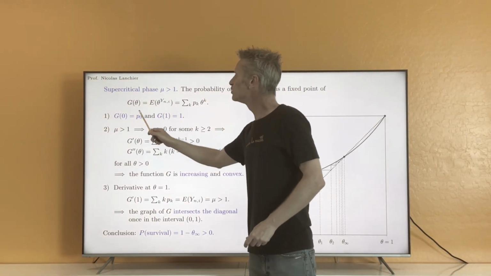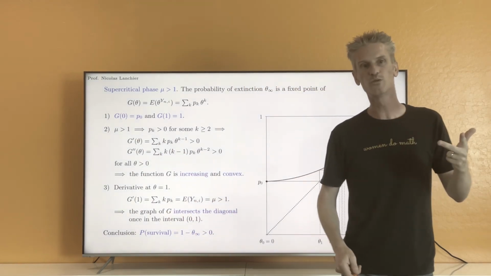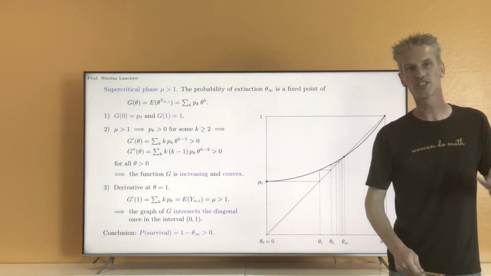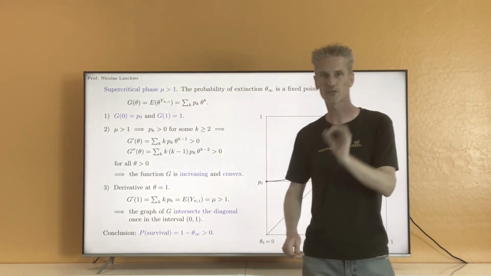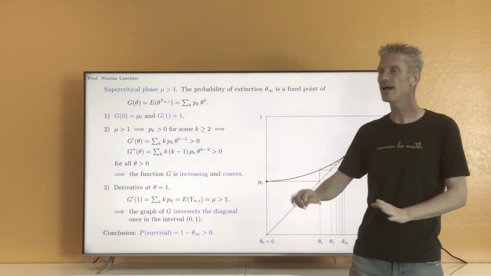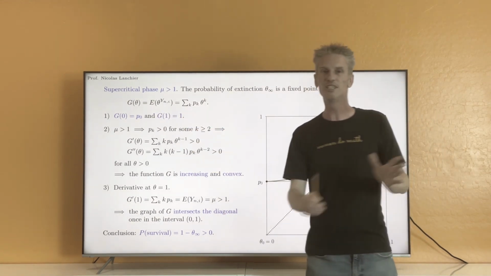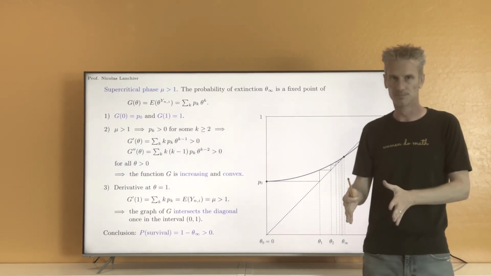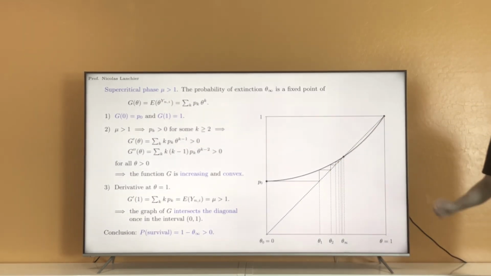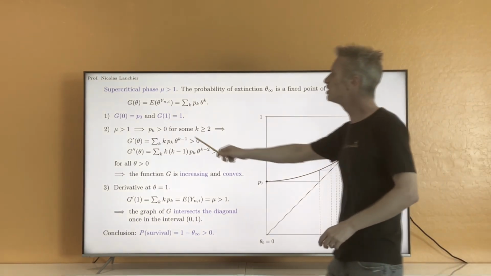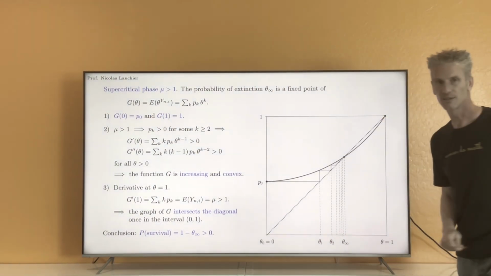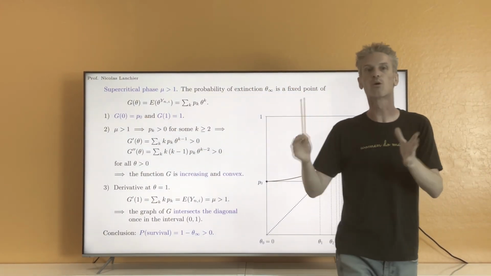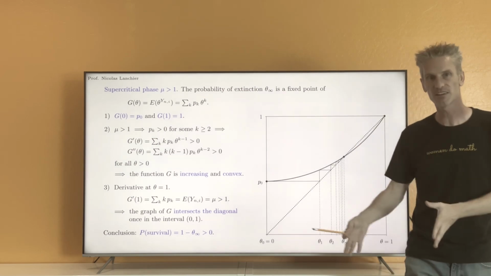If g of theta is a polynomial of degree 3, meaning that individuals in your population can give birth to 0, 1, 2, or 3 offspring but nothing else, then g of theta minus theta is a polynomial of degree 3. But the theory tells you that g of 1 is equal to 1, so theta equals 1 is a root of your polynomial g of theta minus theta.